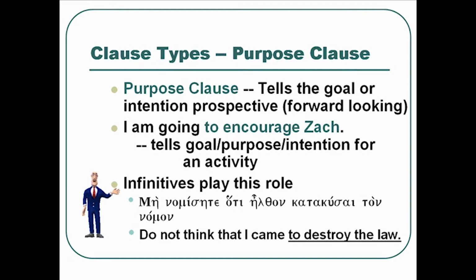In other words, that was not my purpose or my goal. That's not why I came. Looking forward, I came not with the goal or the intention to destroy the law. It's triggered by an infinitive. So the purpose clause is developed by using an infinitive plus an accusative noun as its object.